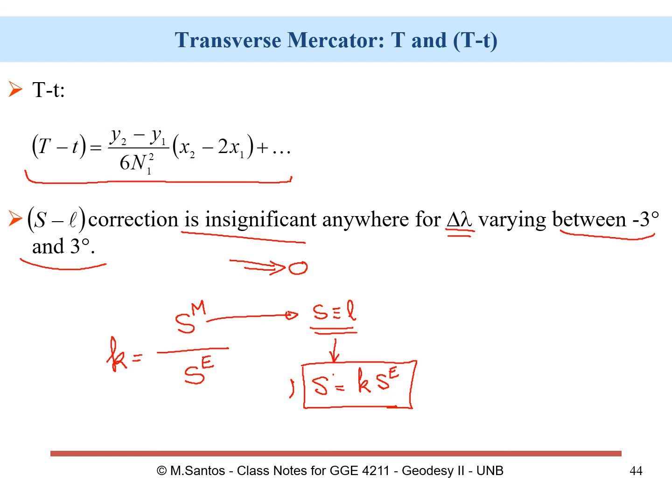Okay, 0. In essence, the only linear transformation is this one here for the distance. Okie dokie. So next step, UTM.